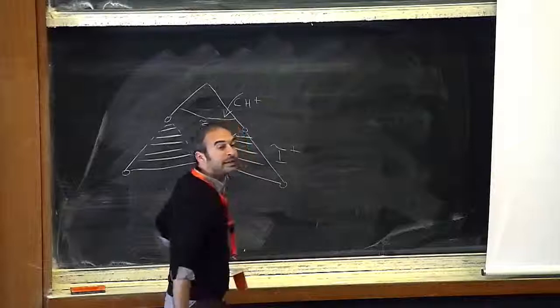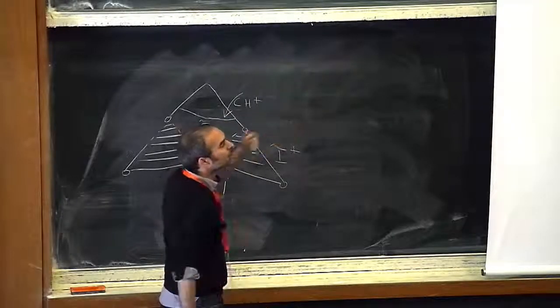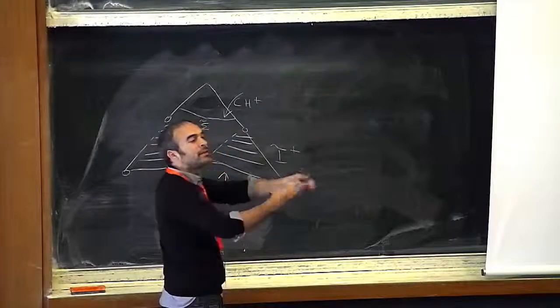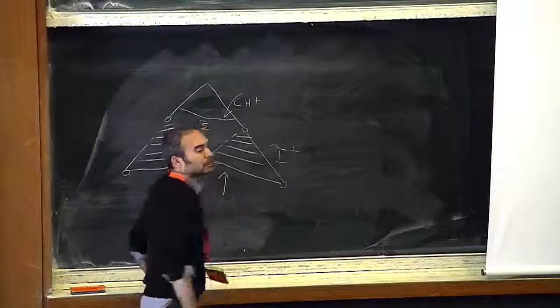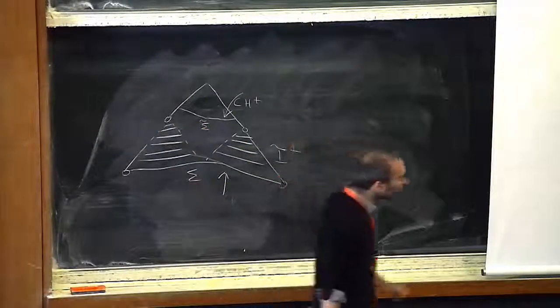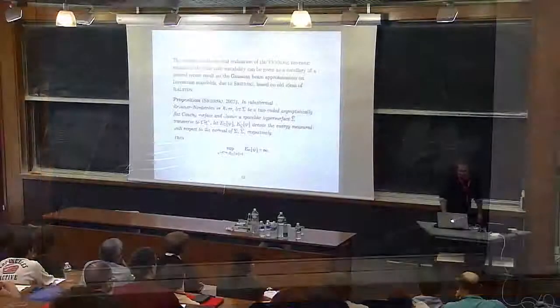We'll discuss that later, in fact. But you can show, just on the basis of the Gaussian beam approximation and this geometric optics effect, that there can be no such bound here. Okay? So this is a result that you get for free.